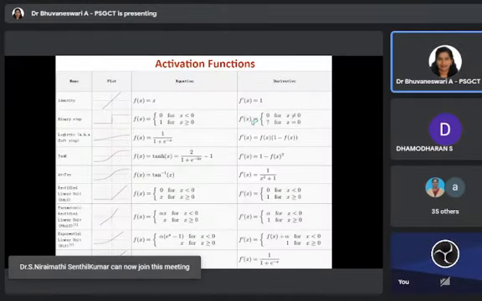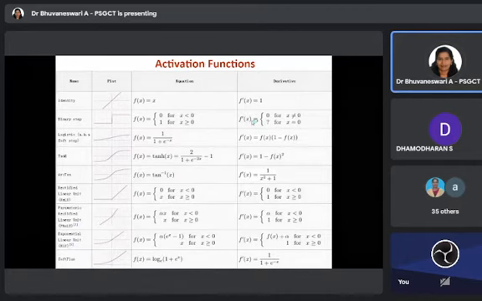First is the linear or identity function, wherein you have the input and get the same as the output. Then you have the binary or threshold function. Then you have the logistic, the tanh, the arctan. Then you have the rectified linear unit, ReLU. ReLU is one of the commonly and widely used activation functions in deep learning models.